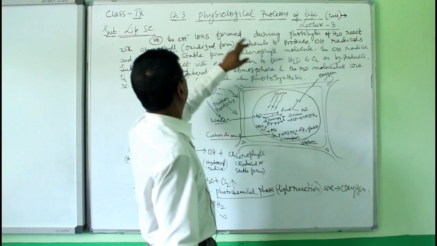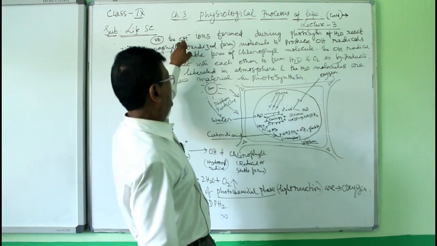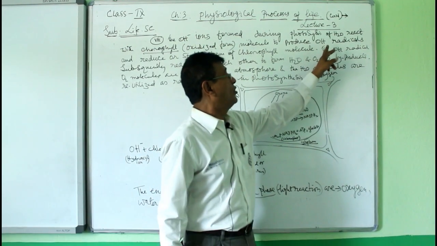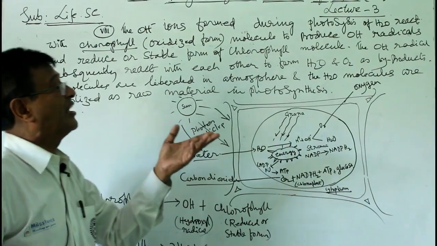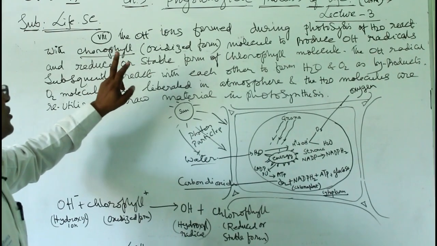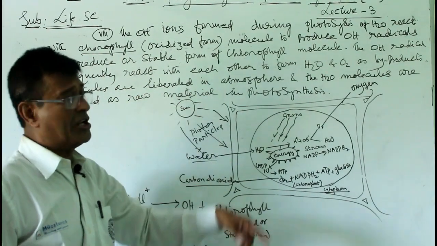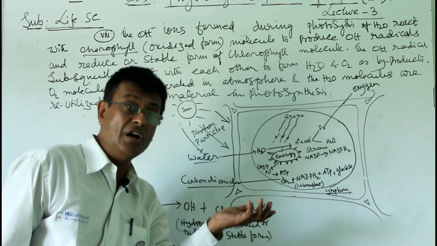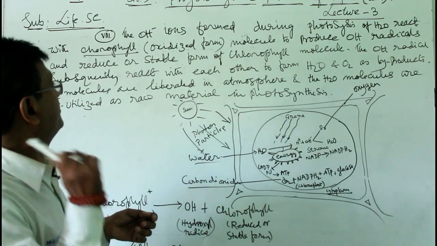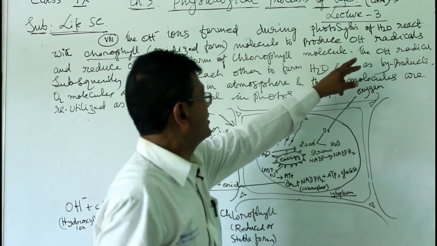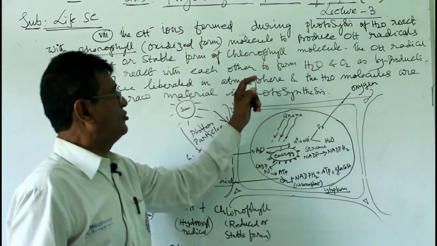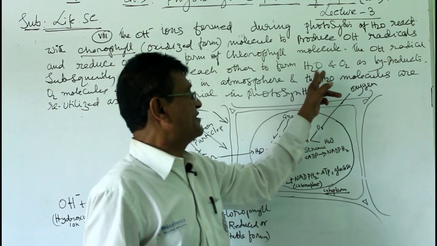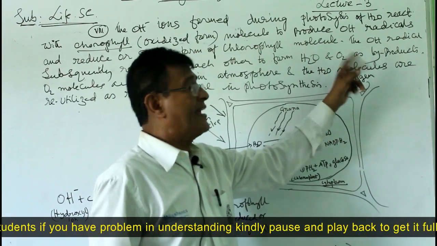The OH ions are converted to OH radicals, and the chlorophyll returns to the reduced or stable state. The OH radicals then subsequently react with each other to form water, that means H2O, and oxygen as byproducts.